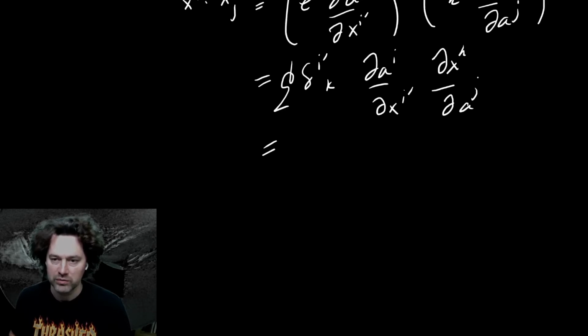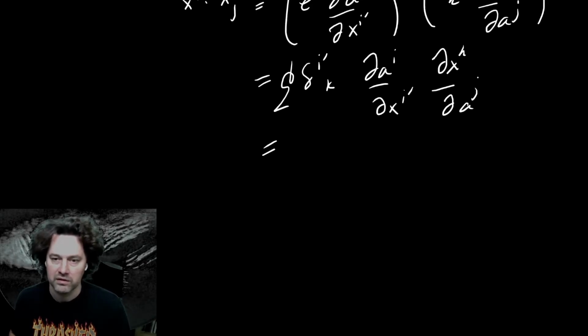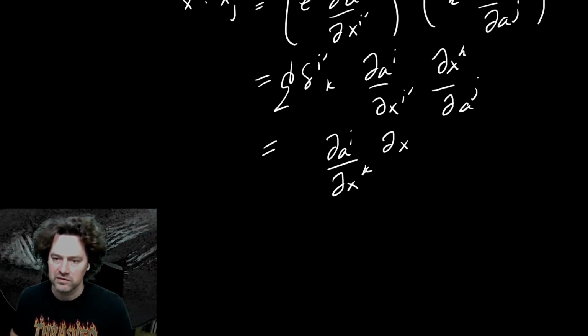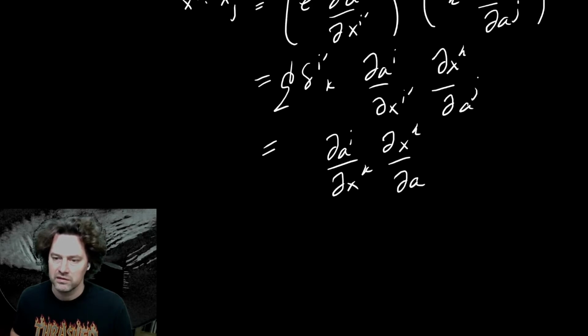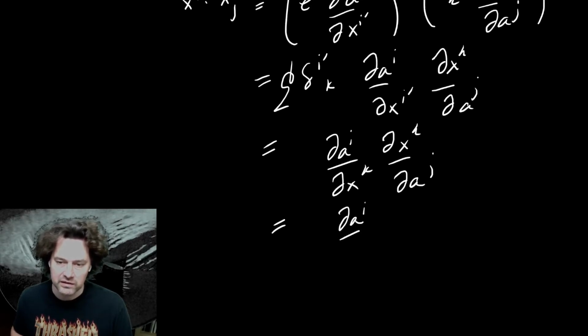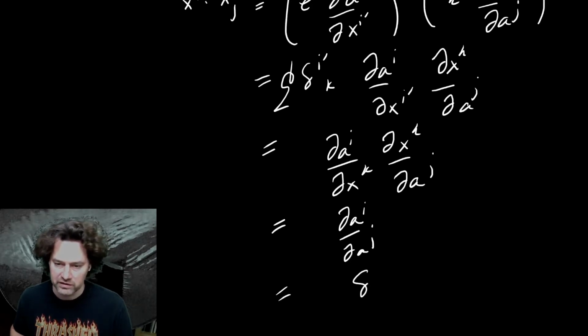And there's an implicit sum here over all the repeated indices, and we are left with, let's replace the i prime by k, so we have ∂a^i/∂x^k ∂x^k/∂a^j, which is just a chain rule expansion of ∂a^i/∂a^j, and sure enough, that is delta ij.